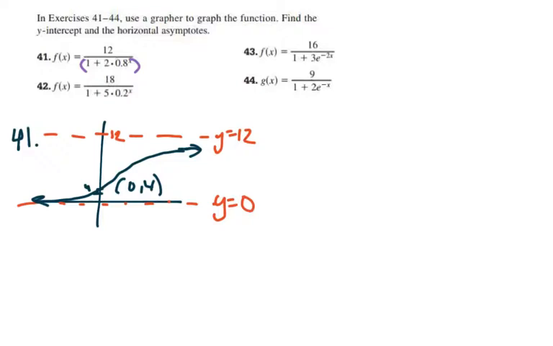Sweet. Okay. So then we move on to number 42. And in number 42, you can see that the numerator is 18, so I'm going to probably give myself up to 20. But we're going to note that at 18 we're going to have our horizontal asymptote, and then again at 0.